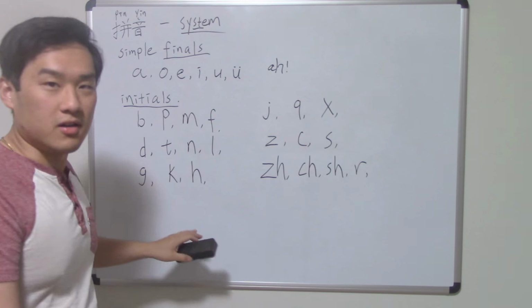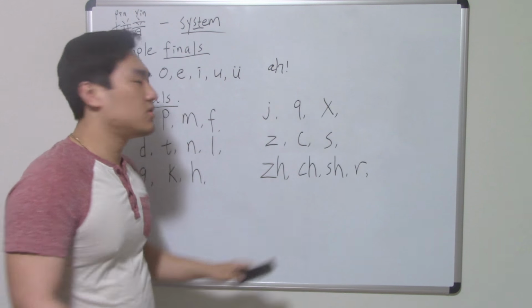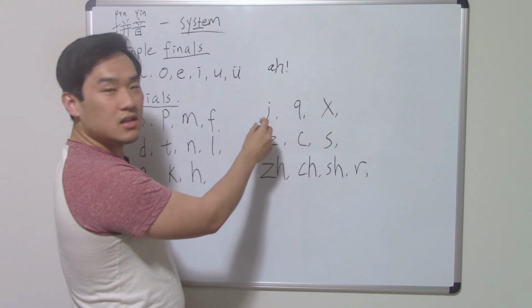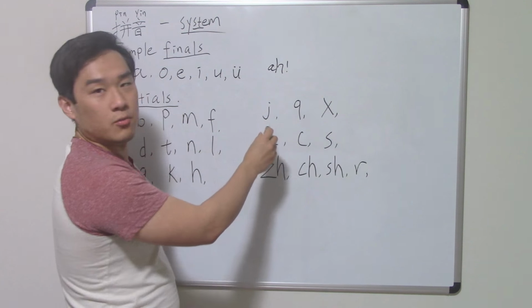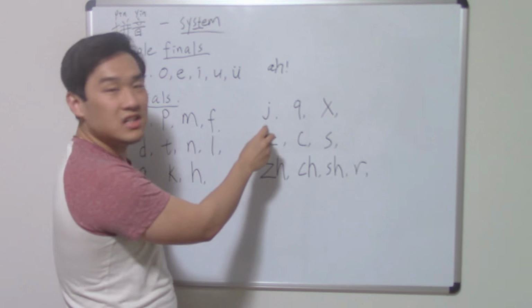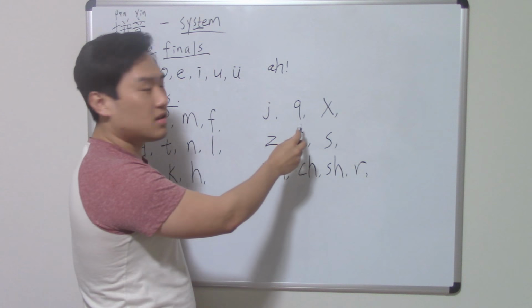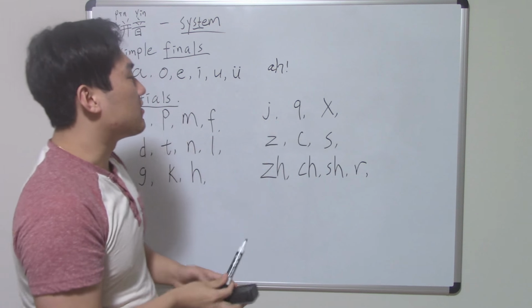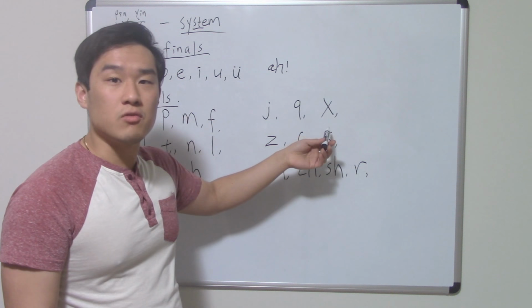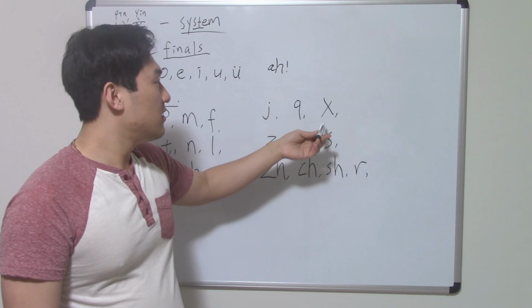And that's this part. And then on these three, this one will be j. So it's like a J and then with an i, like ji. So ji, qi, and this one is very different, x. In English maybe like X, whatever, but in Chinese it will be xi.